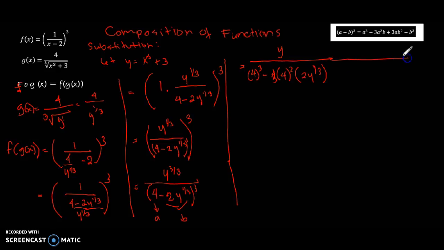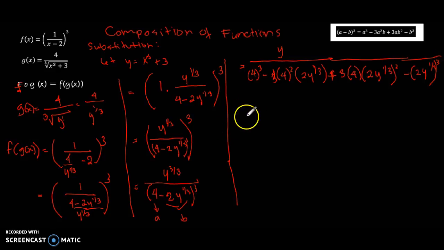Plus, oops, that's a plus 3. Your a is 4. Your b is 2y to the 1/3 to the power of square, minus your b, which is 2y to the 1/3 to the power of cube. Right? Let's expand.